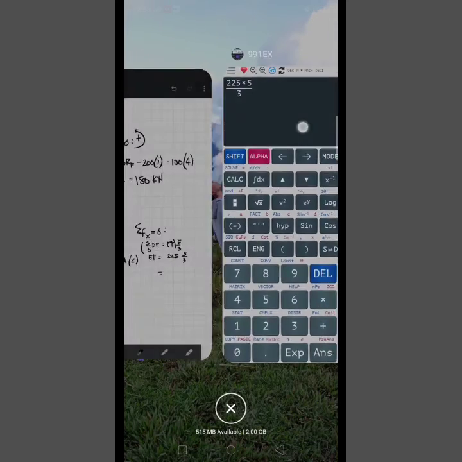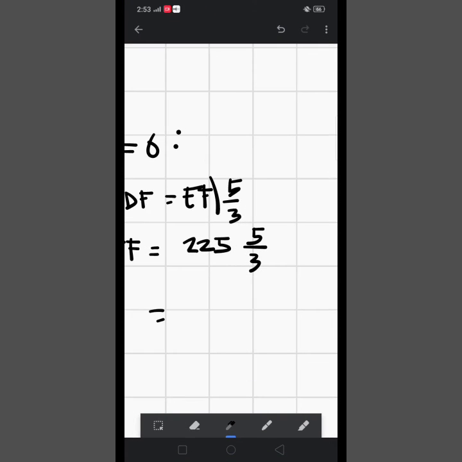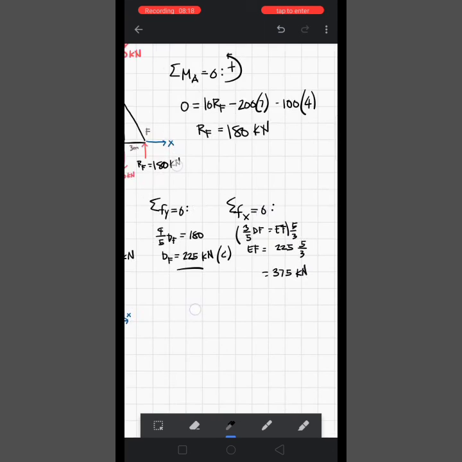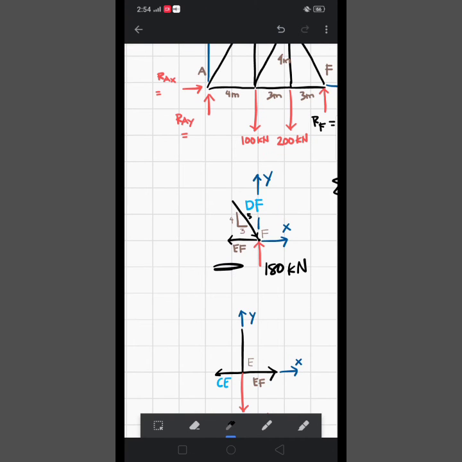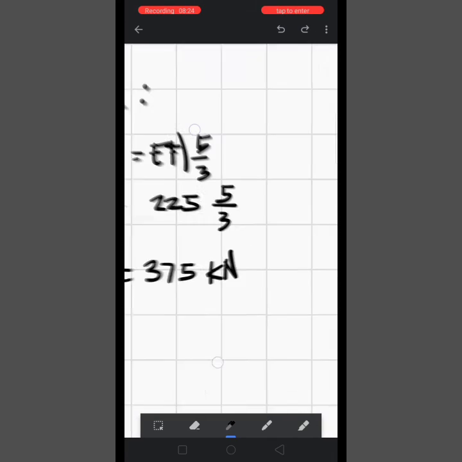So 375 kilonewtons. EF is 375 kilonewtons, and as we can see, it's in tension.